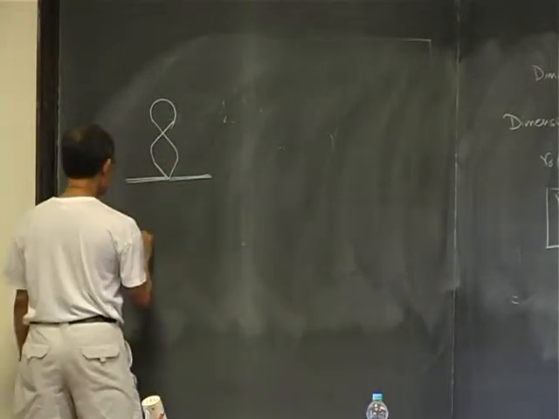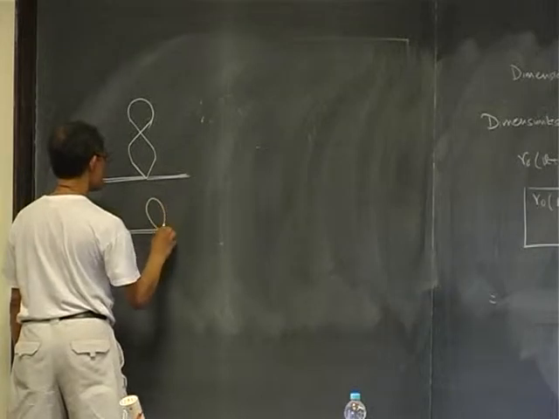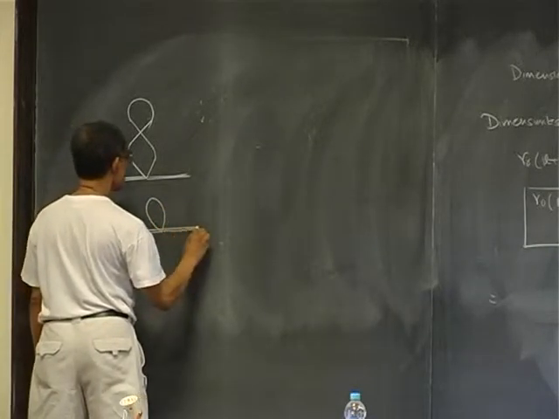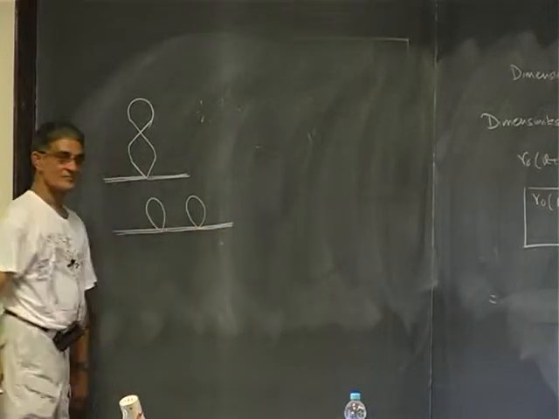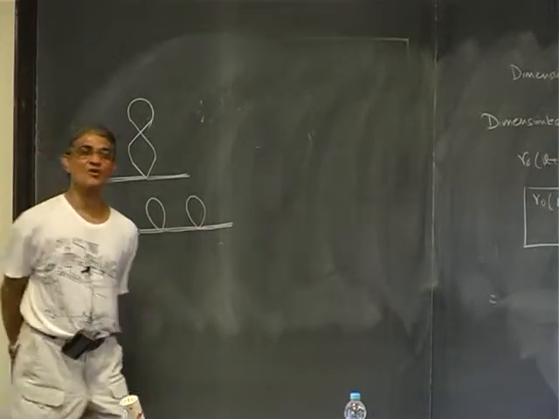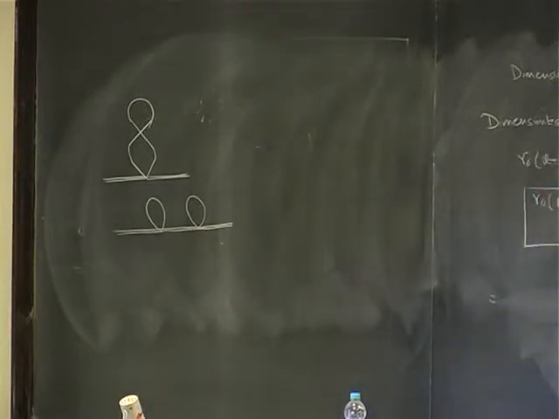There could be a term like this, and you might think that these correspond to further terms which are of the order of phi L square, right? Because there are two phi L's hanging outside.